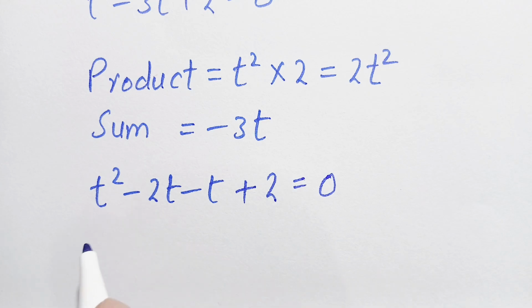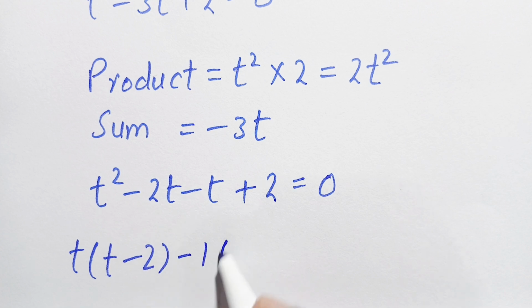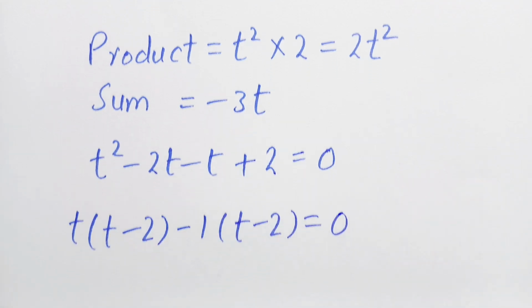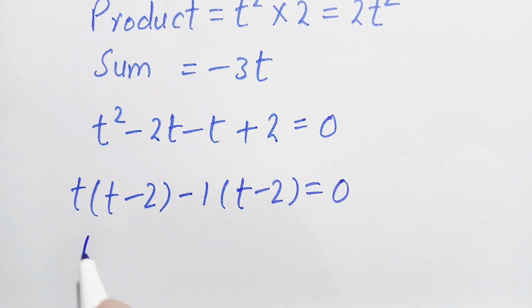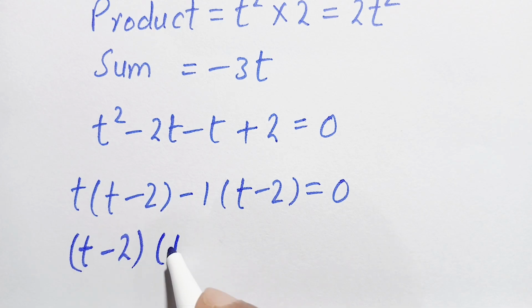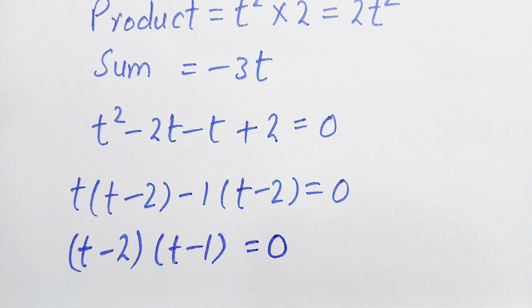Now by taking common t, t minus 2 minus 1 (t minus 2) is equal to 0. By taking common, (t minus 2) and (t minus 1) is equal to 0.